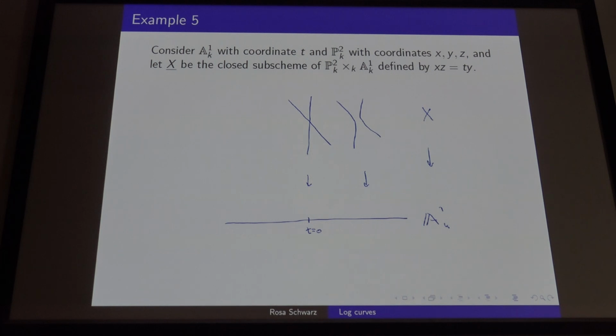But this will also become a log curve, so if we're walking over the A1 line with coordinate t, and Martin already looked at an affine patch of this, but you can look inside the P2. You can look at the closed subscheme defined by xz is yt, which will look like this. And you can give this the log structure.